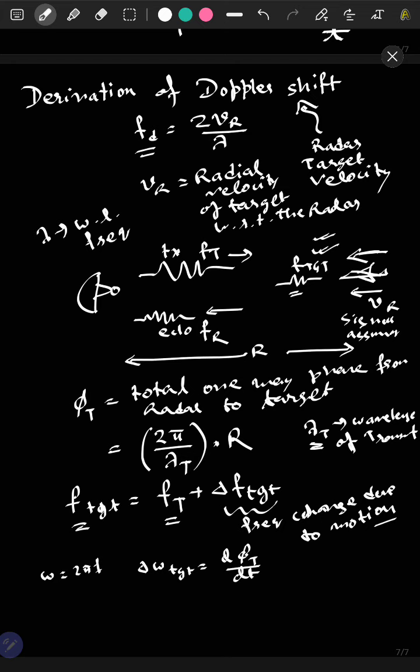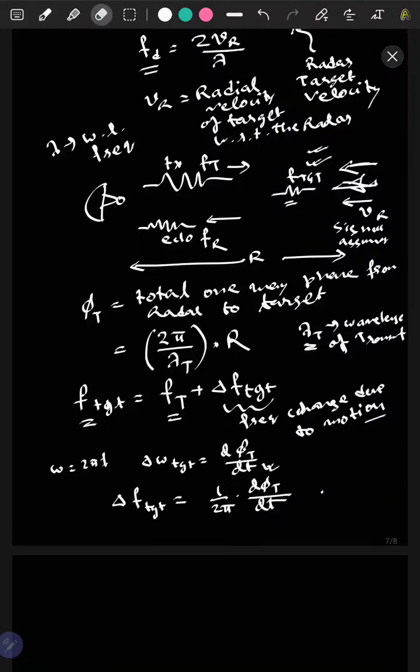So we can say the frequency change caused by the target's motion is the cycle equivalent of the time rate of change of total phase, so 1 by 2 pi of d phi t by dt. But phi t is already this value.